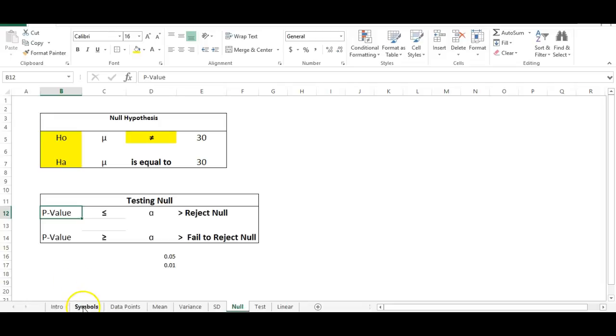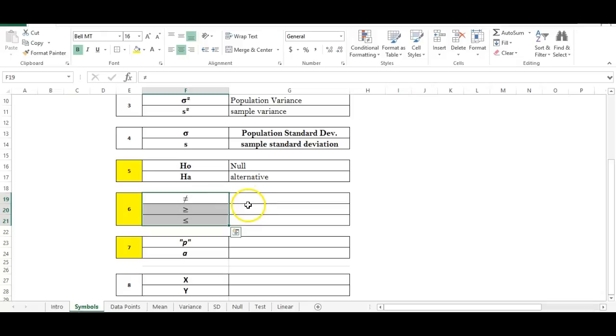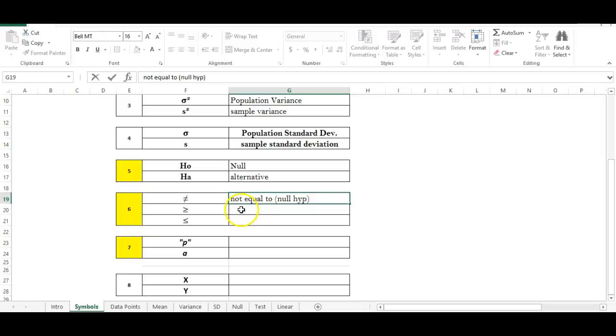But for now, focusing on symbols, we'll use the not equal to in the context of null hypothesis. We'll use the greater than or equal to in the context of, again, null.